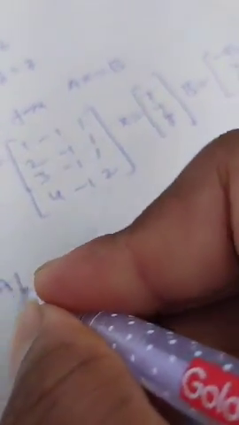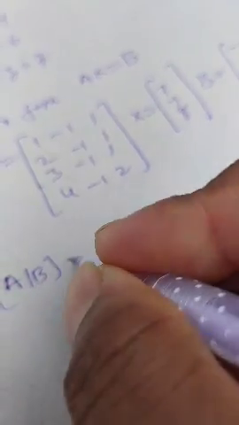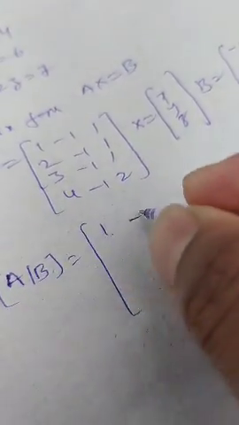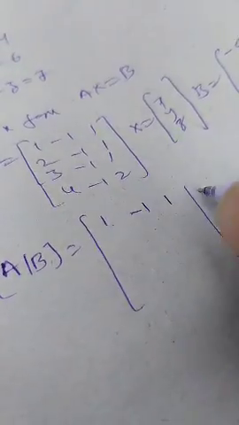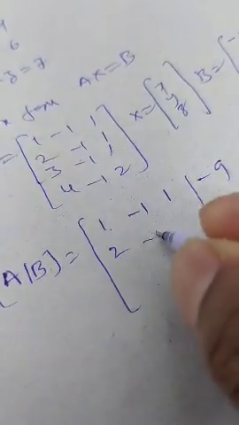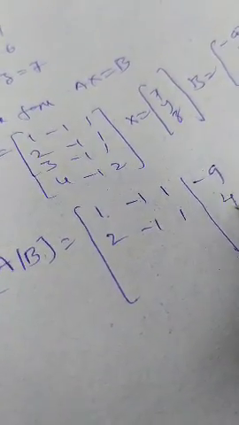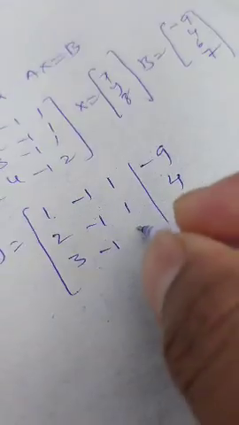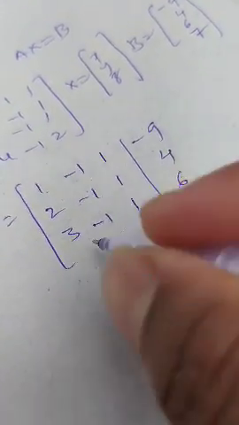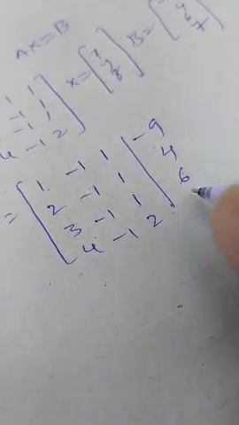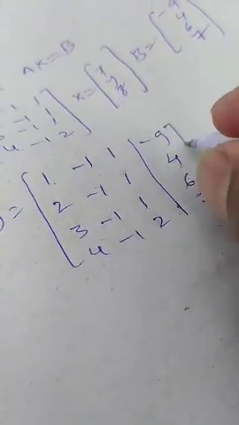The augmented matrix AB is 1 minus 1 1, minus 9; 2 minus 1 1, 4; 3 minus 1 1, 6; 4 minus 1 2, 7. So this is the augmented matrix.